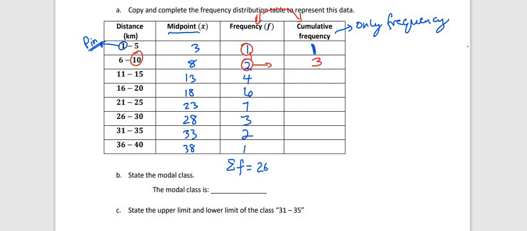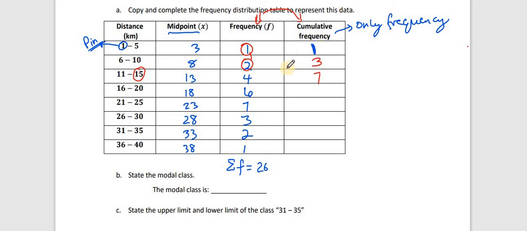All right, so now we're going to adjust this and check how many persons we have traveling a distance of 1 kilometer to 15 kilometers. How many persons? 7. Yes. How did you do that? I calculated 3 and 4.